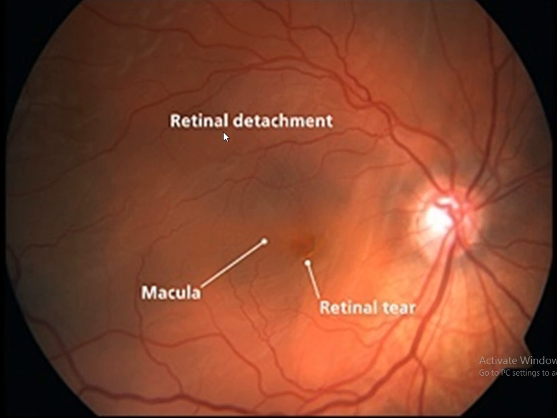Many diseases like glaucoma, hypertension, and diabetes can be diagnosed through this simple ophthalmoscopy. This is the optic disc. This is the normal shape of the optic disc.